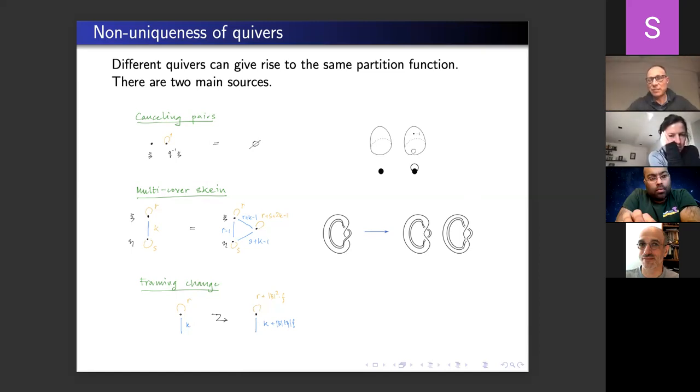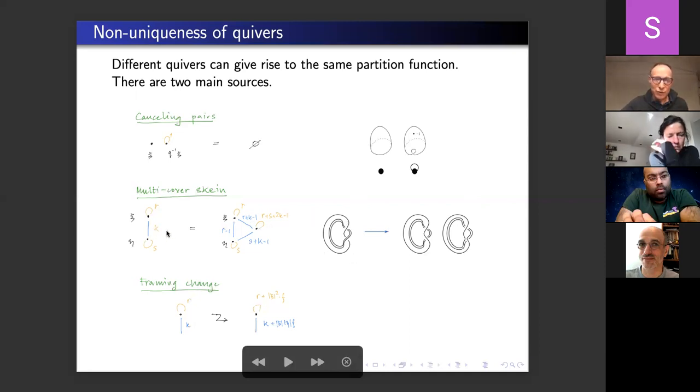And then there is the thing we started the story with, which I call multi-cover Skein. It's exactly this first crossing. On one side I have 3 disks, on another side maybe 2, one is a fat disk, I don't know. Anyway, 2 goes to 3, and linking behaves as linking should.